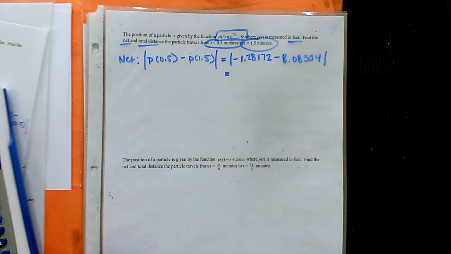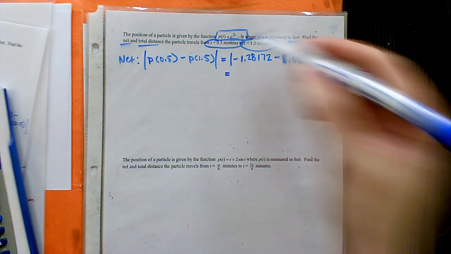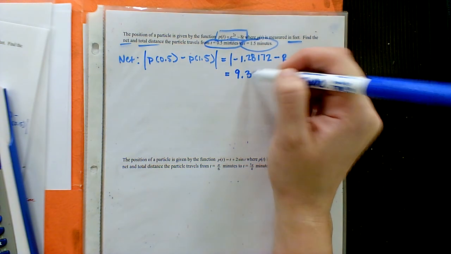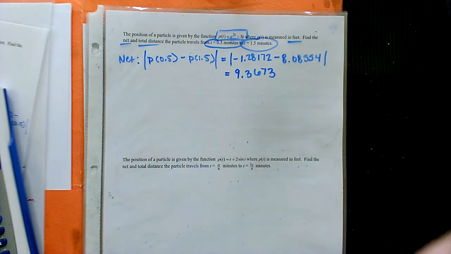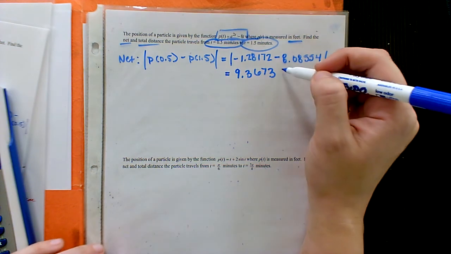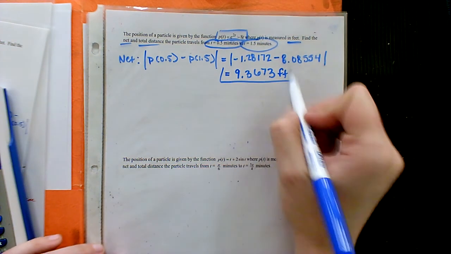All right, so subtract the 2. Ignore the negative if it's negative. 9.367. Chop it to 2 or round to 3, either one. Round to 3, okay, and units are feet.